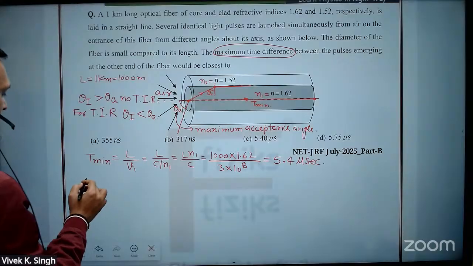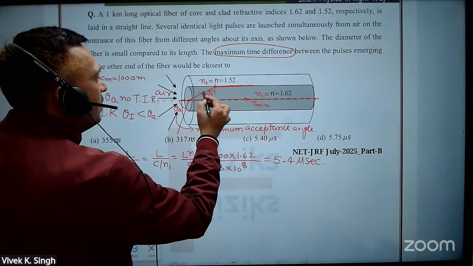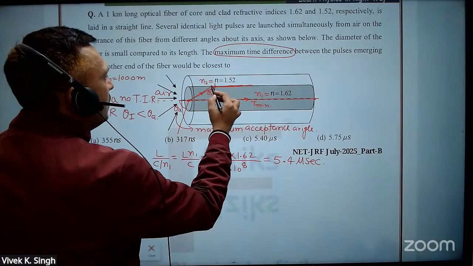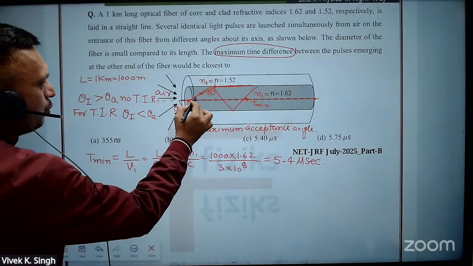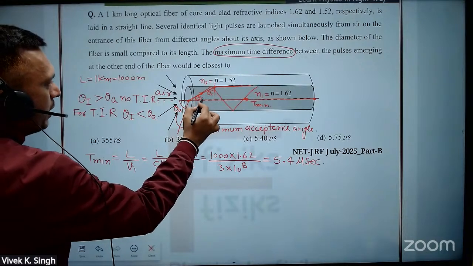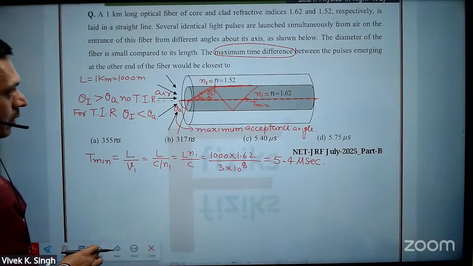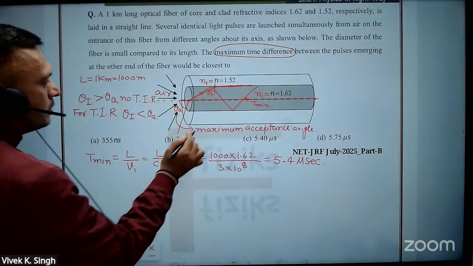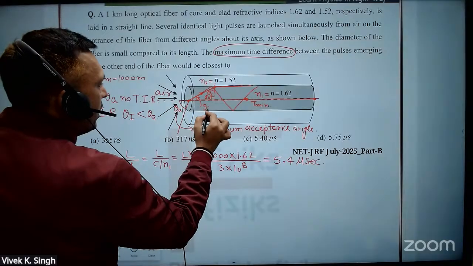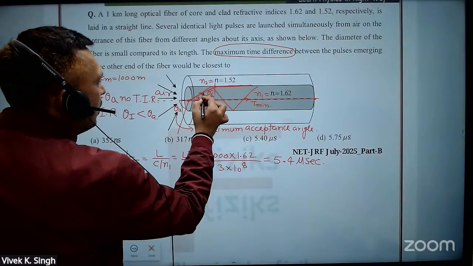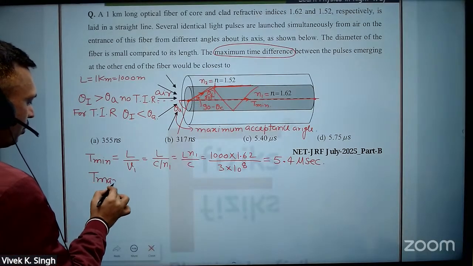So let's say this is propagating through total internal reflection, and I am assuming this angle to be equal to 90 minus theta C, because this angle is 90 degree. So what will be the maximum time if they are propagating through total internal reflection?